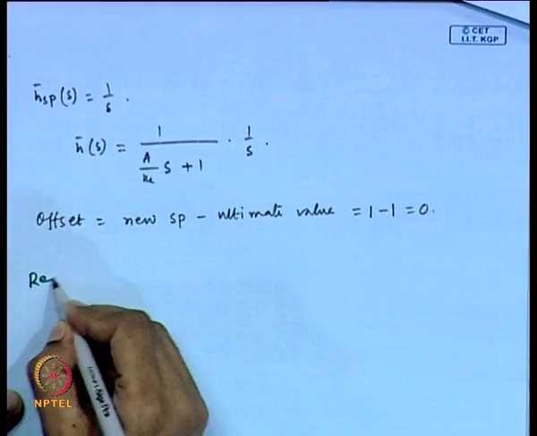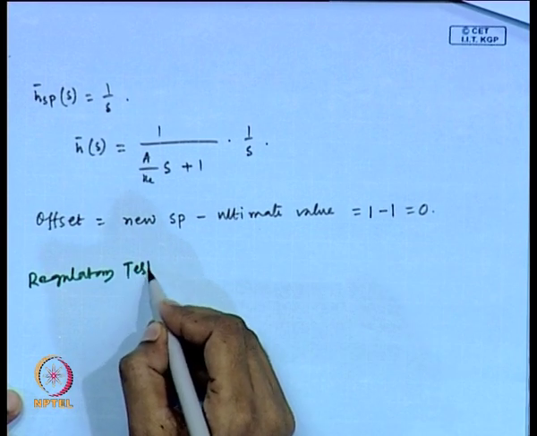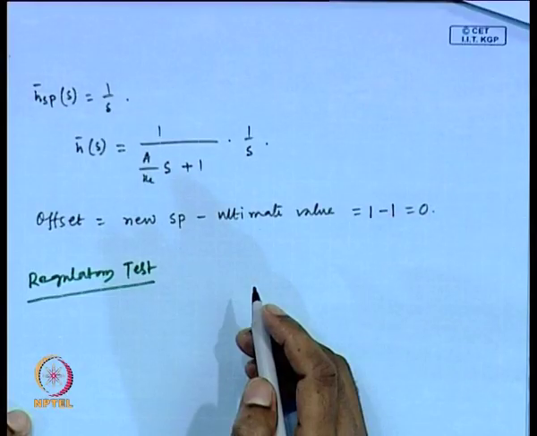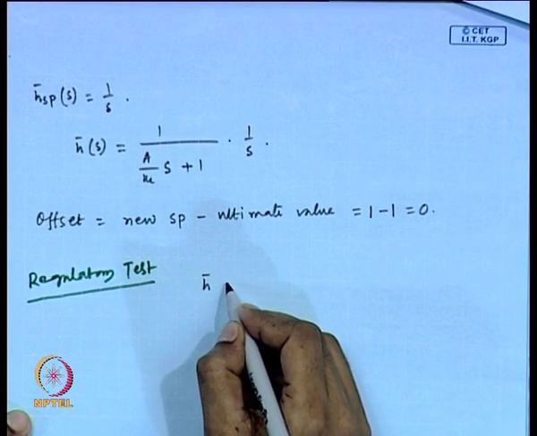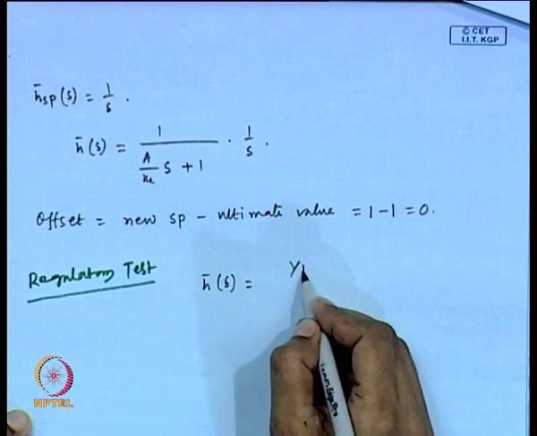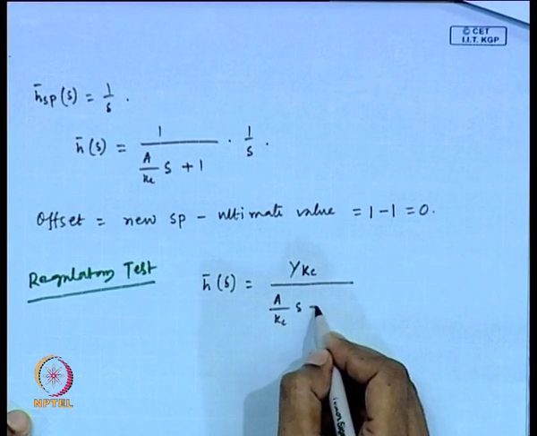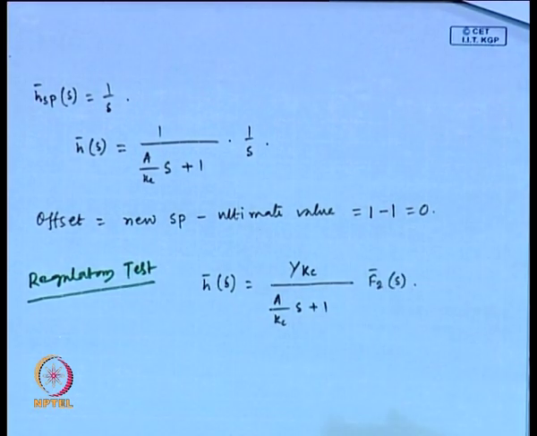So, next we will conduct the regulatory test and we will see what the offset is. Our closed loop transfer function is h bar s equals (1 by k c) divided by (a by k c s plus 1) f2 bar s.